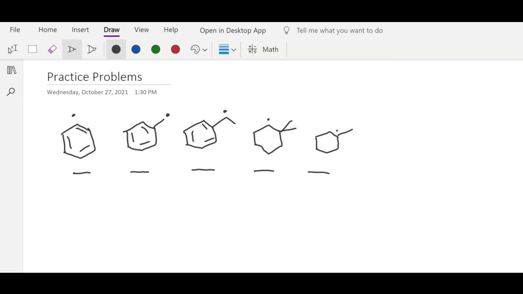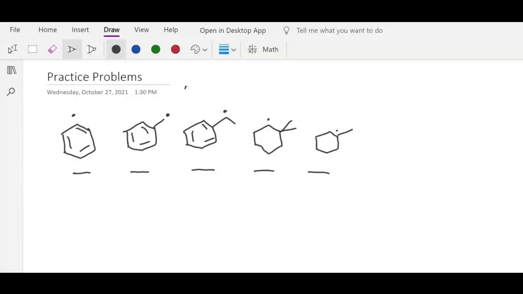Okay, so those are our radicals, and again, we rank them by 1 equals most stable radical.